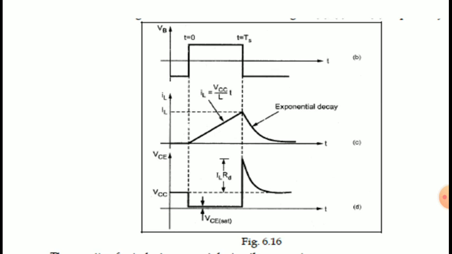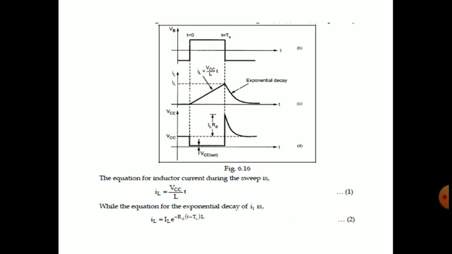Then we have also drawn a waveform in figure D, that is VCE versus T, the voltage across the collector and emitter terminals with respect to time.